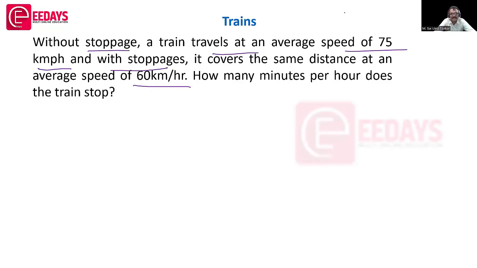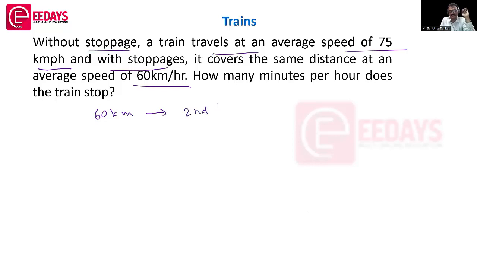That is the question. Okay, now how to solve these type of questions? Now, first one 75 kilometers per hour and second one 60 kilometers per hour, right? Now suppose if you want to cover 60 kilometers, then how much time is required in the second position?